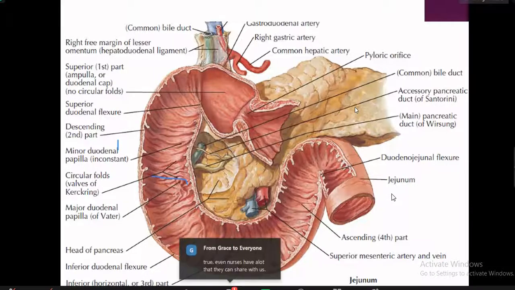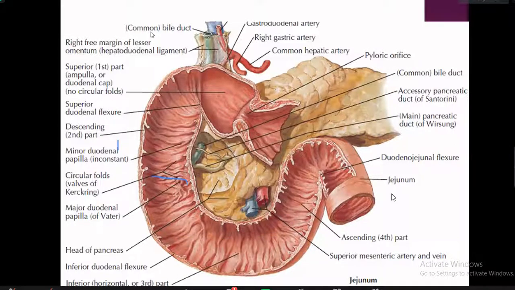The greater omentum within itself has lymphatic tissues which help to fight infection, okay?